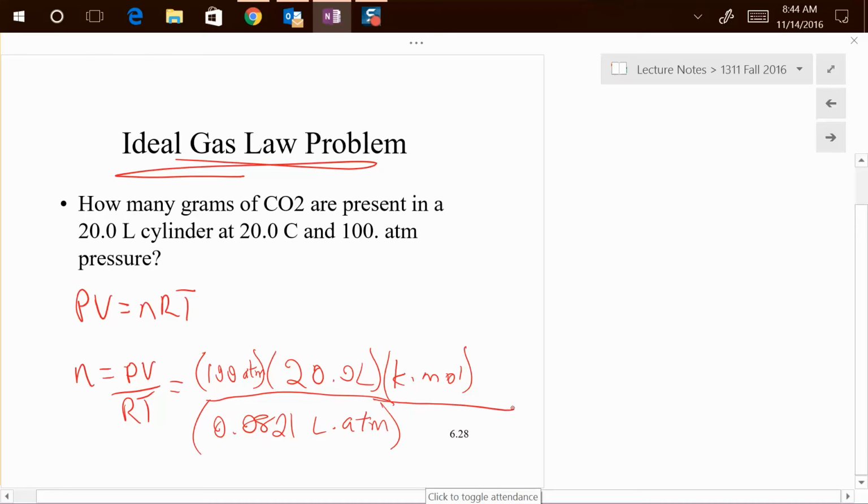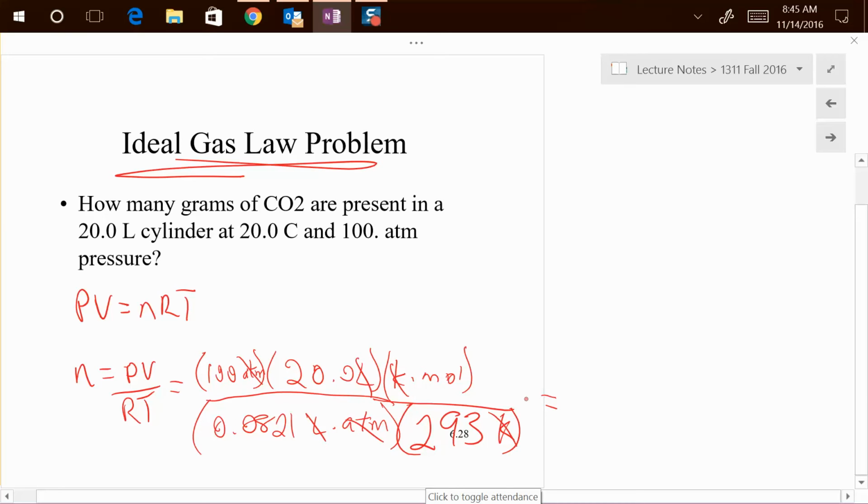And my temperature, 293 Kelvin. Kelvin cancels, liters cancel, atmospheres cancel. I'm left with moles.